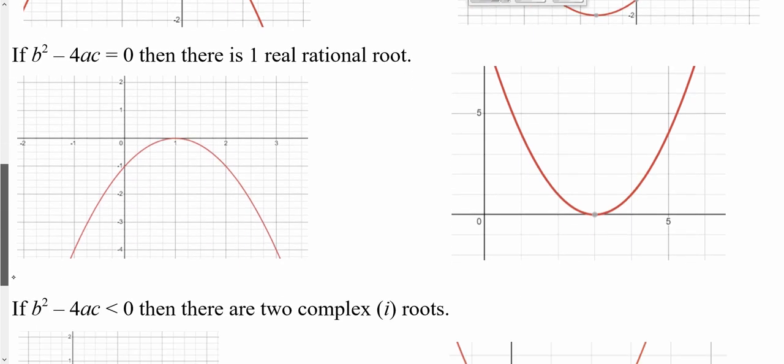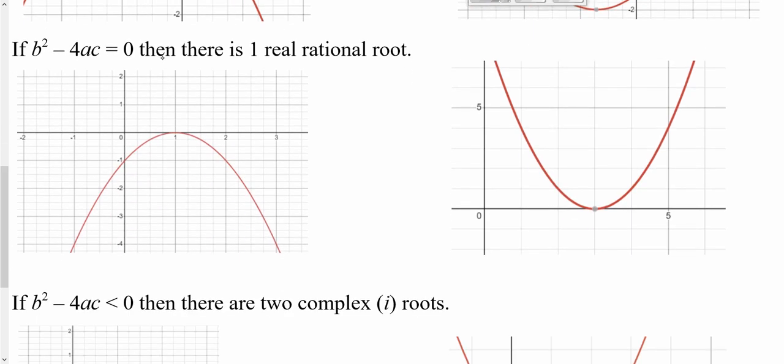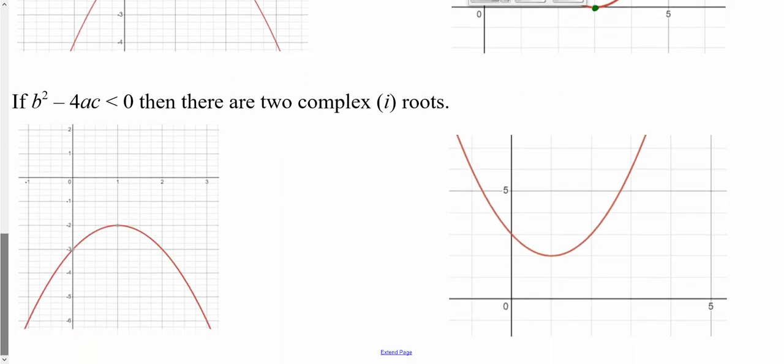Now, once in a while, you'll get it where your discriminant ends up being 0. That means your parabola touches your x-axis at one point, like here or here. We would then say we get one real rational root. We had also talked about before, when your parabola doesn't touch the x-axis, you get i's.